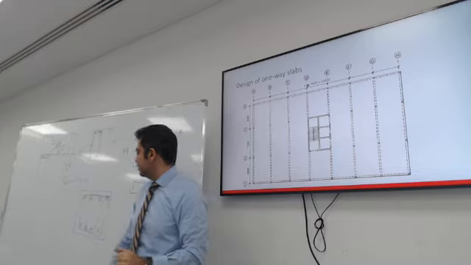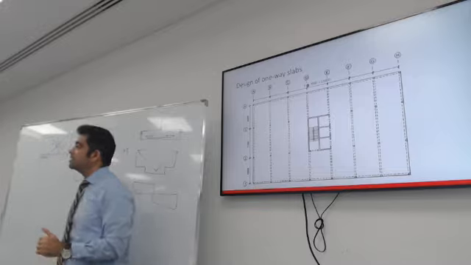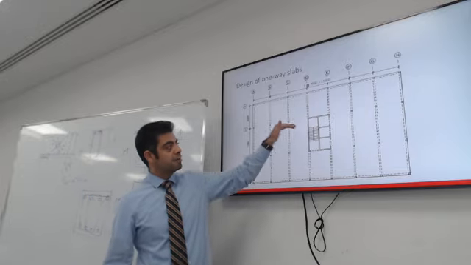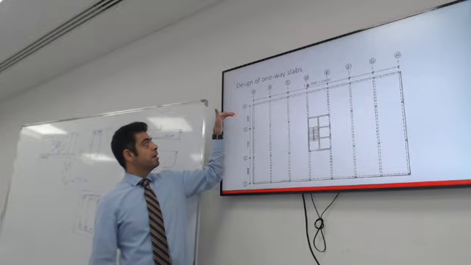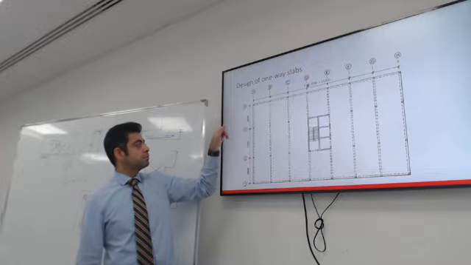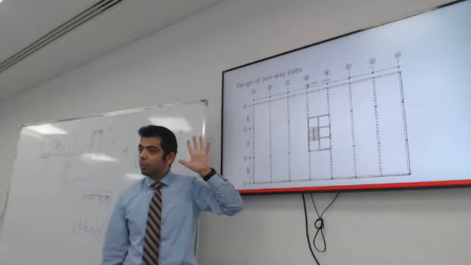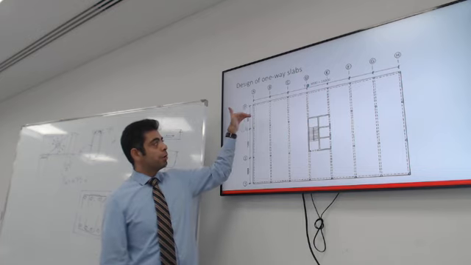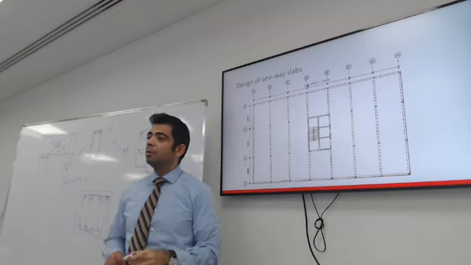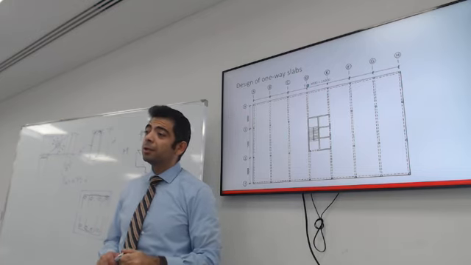Can I get you to guess what is the shape of the cross section? When you take a cross section parallel to grid line 4, can I get someone to guess what it would look like?